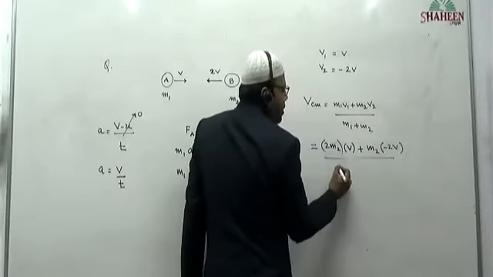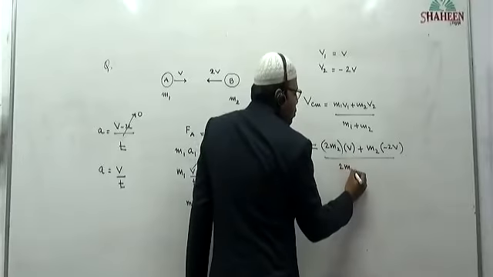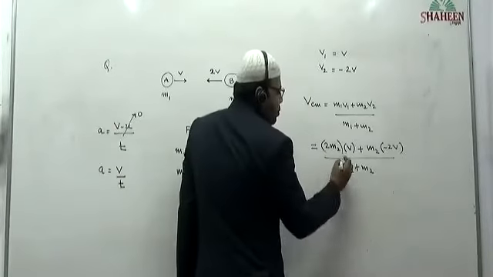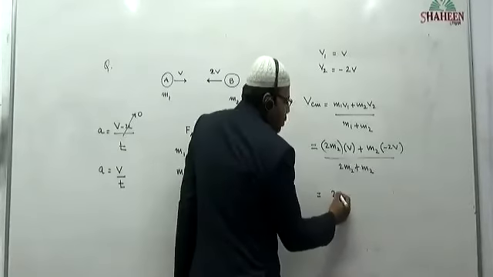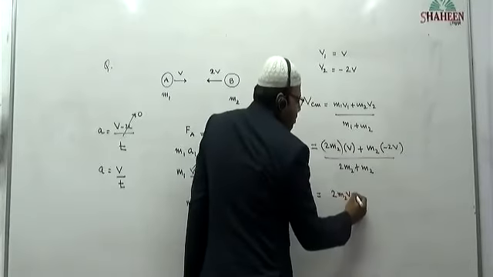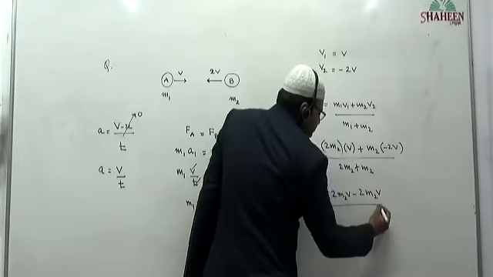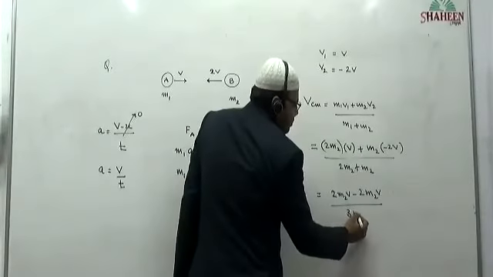m plus m1, that is m1 is 2m2 plus m2, that is equals to... तो ये कितना हो रहा है? देखिए बेटा, 2m2v minus 2m2v by 3m2.